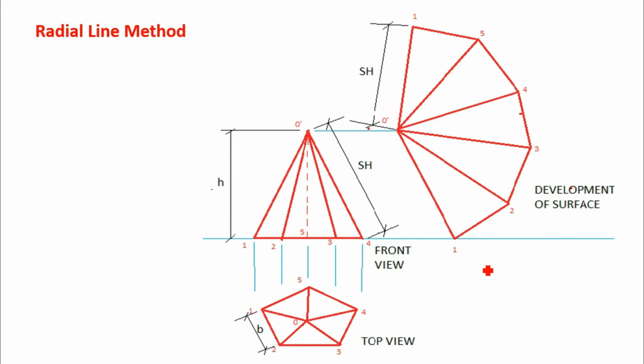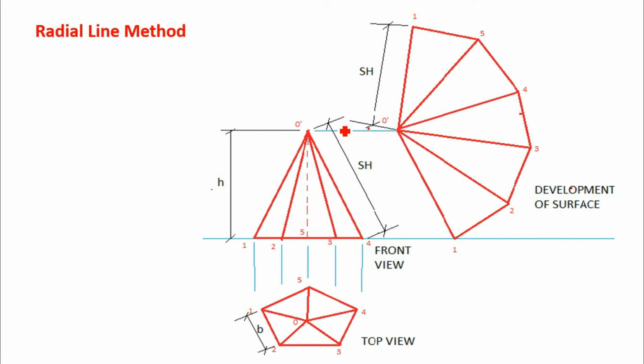Let's say we have developed a pentagonal pyramid. So you can see here, this is the front view and this is the top view of a pentagonal pyramid, with the apex, the lines joining with the base corners, having height h and base edge b.